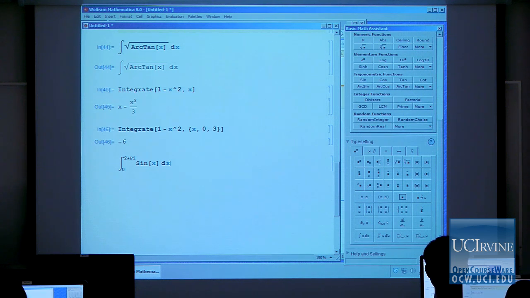The first half cycle is positive. The second half cycle is the same, but it's negative, so I should get 0. What if instead you wanted to do sine squared? You get pi. All right.